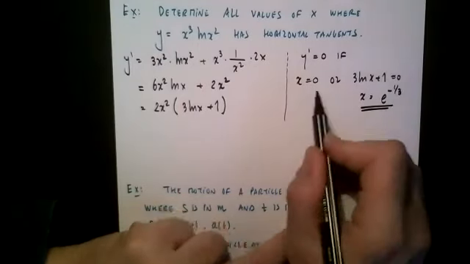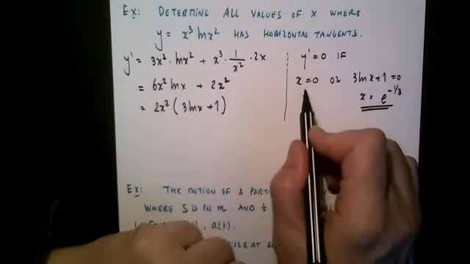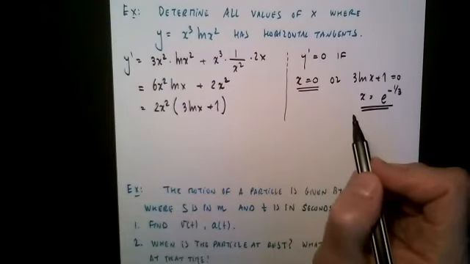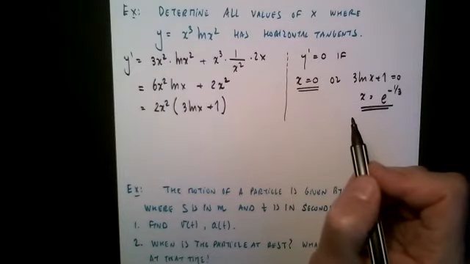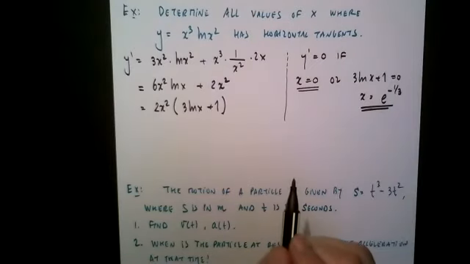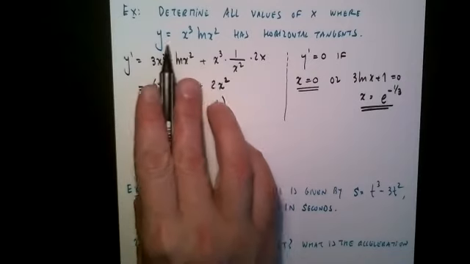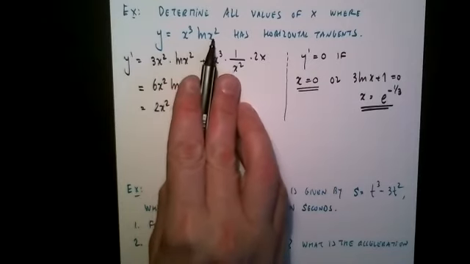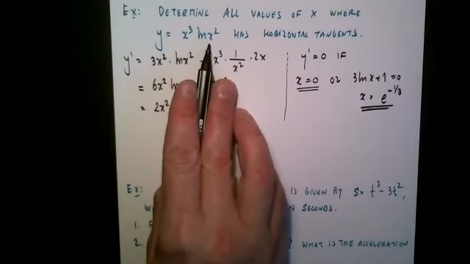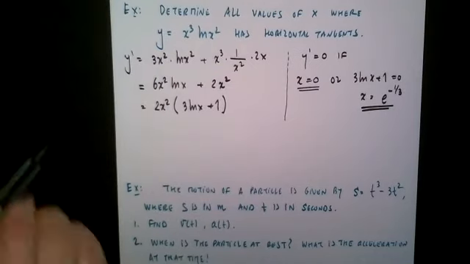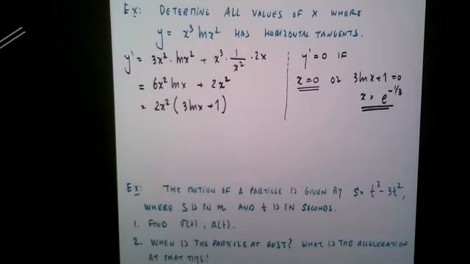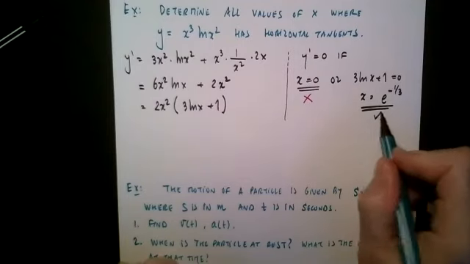So these are my two values where the tangent is horizontal, but we have a problem because the function is ln of x^2. As you see, at 0, it doesn't work. So this is the trap here. You have to be careful. You have to reject this one, and just accept this one.